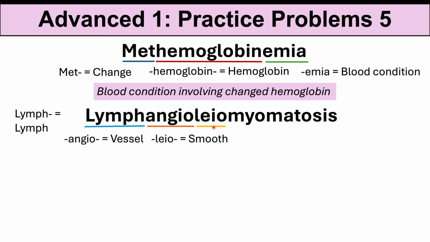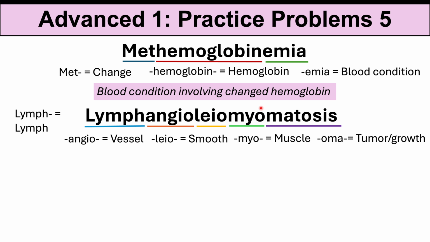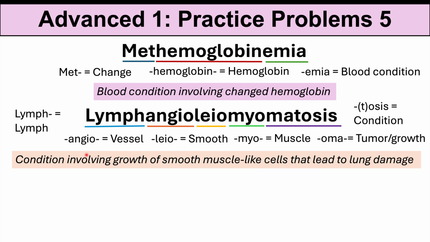So leio will refer to the next part, which is myo. And we know myo means muscle, which is going to help us with this next little piece here, myoma. Oma refers to a tumor or growth. And then this last part, osis, refers to condition. So what this term is really referring to is a condition involving tumor-like growth of smooth muscle-like cells, usually within lymphatic vessels that end up leading to lung damage.